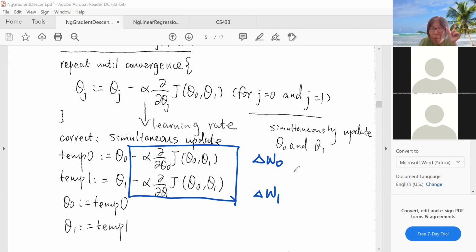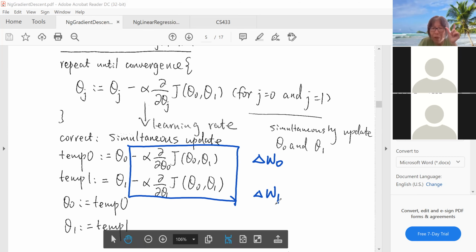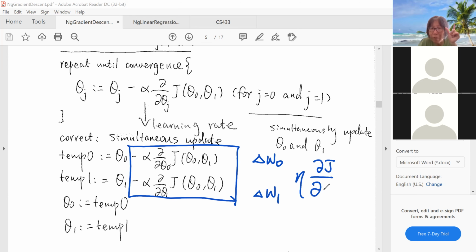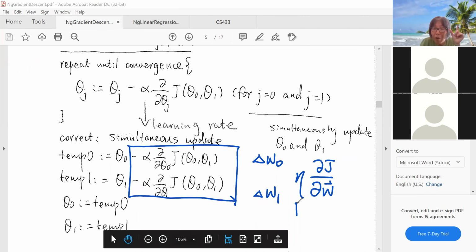So the update of the weight depends on what? It depends on the learning rate times the partial derivative regarding the respective weight. So this is how you find the weight update. We can also see the update also depends on the learning rate.